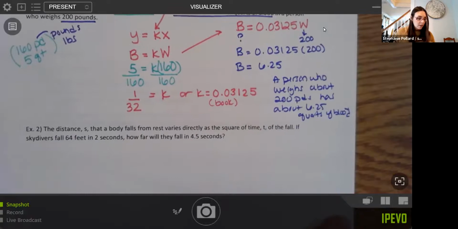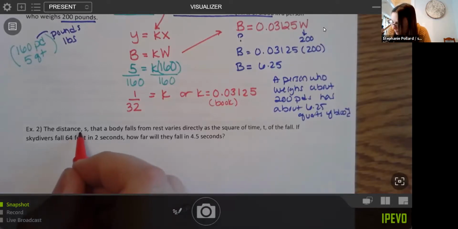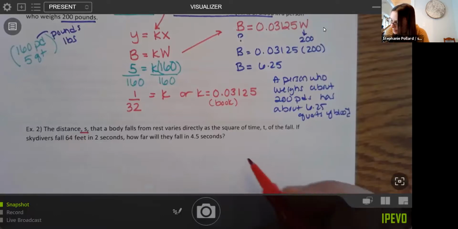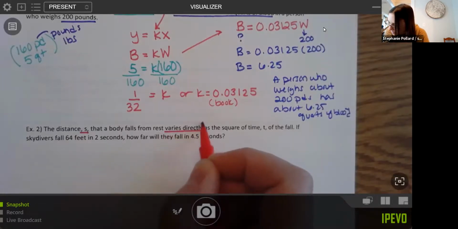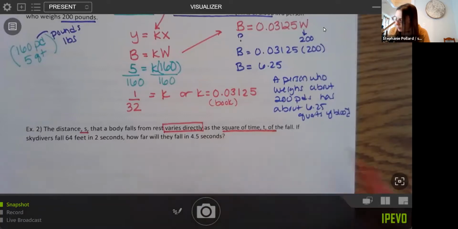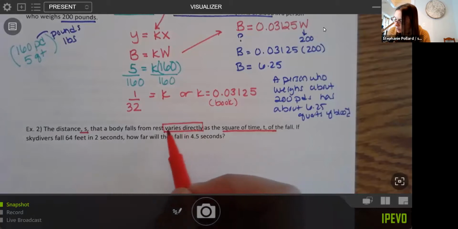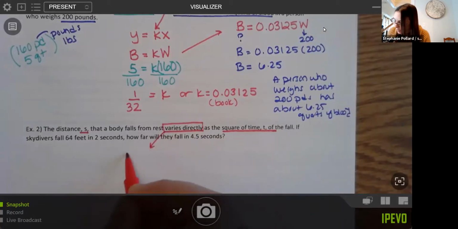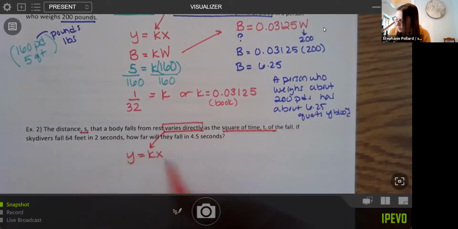All right, let's try another one. The distance s that a body falls from rest varies directly as the square of time t of the fall. Now, this one's a little bit different. We do see varies directly, so you can kind of think of that y equals kx idea here.